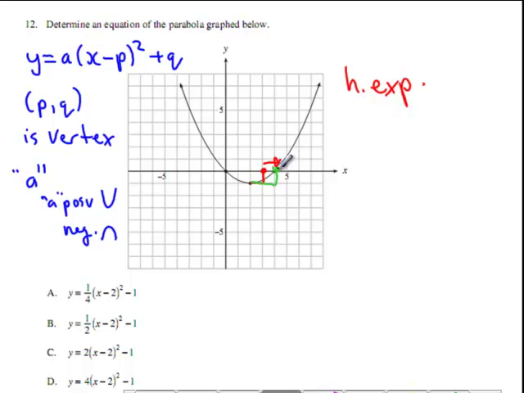And then over 2, up 1, 2, 3. So you see how that lands us right on the parabola. So instead of 1, we've gone over 1 times 2. So going over 1 again, we've gone over 1 times 2. So this value here is the horizontal expansion factor, 2.